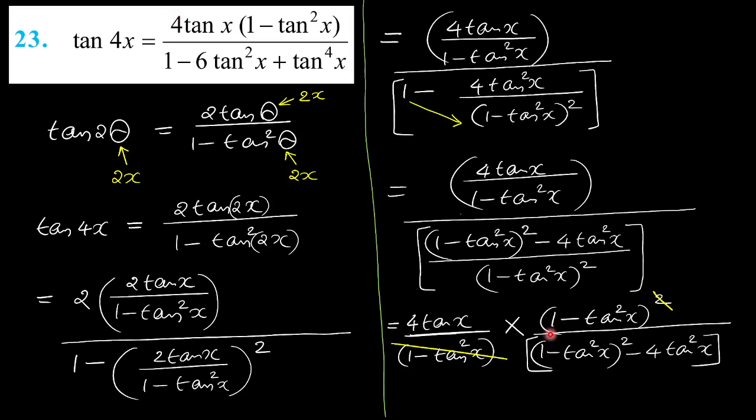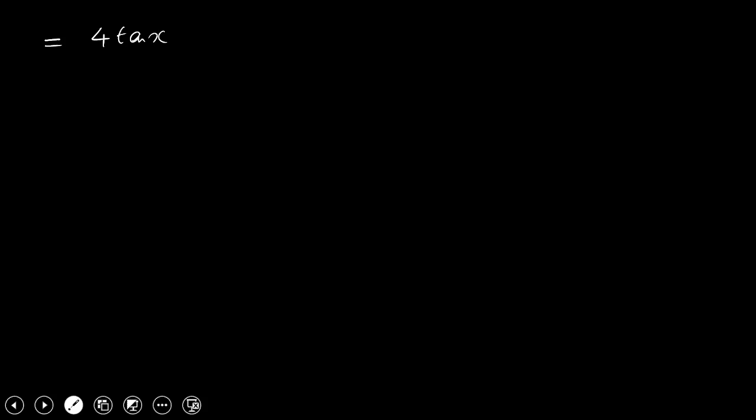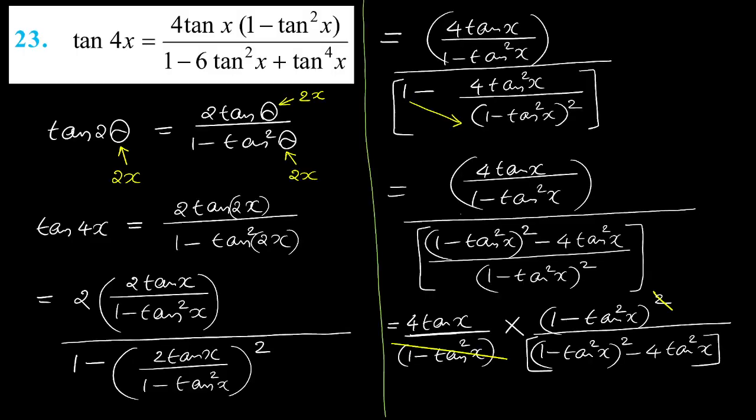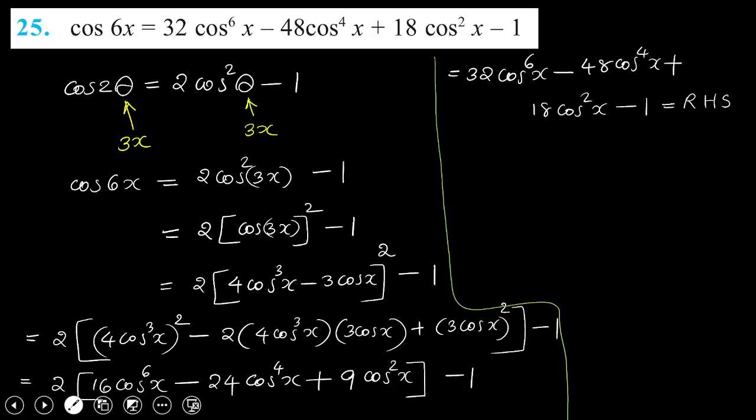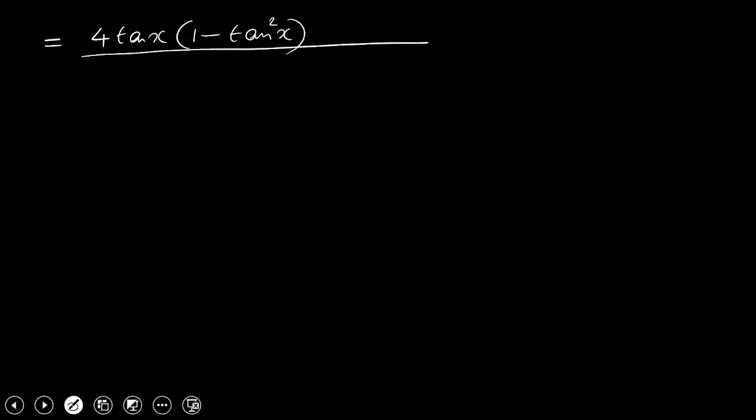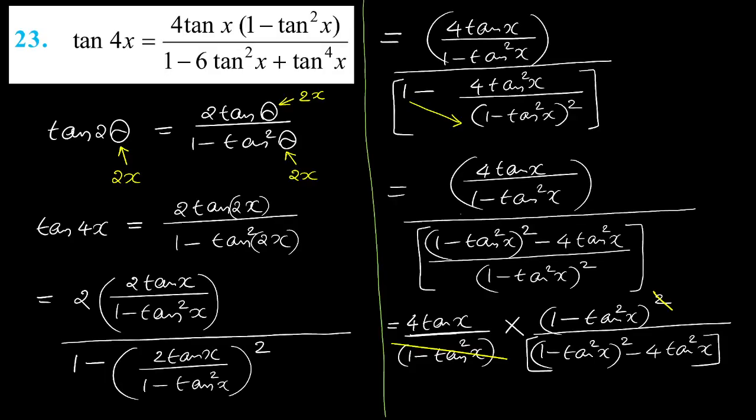You have written 4 tan x in the numerator, and in the numerator there is 1 minus tan square x, divided by, in the denominator 1 minus tan square all square is there, minus 4 tan square x.